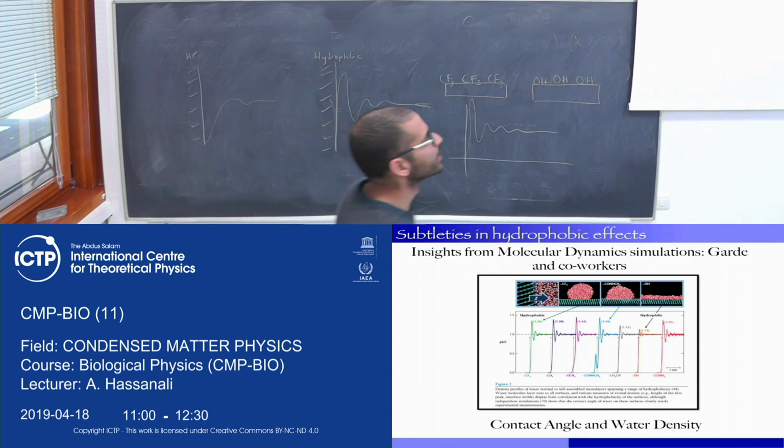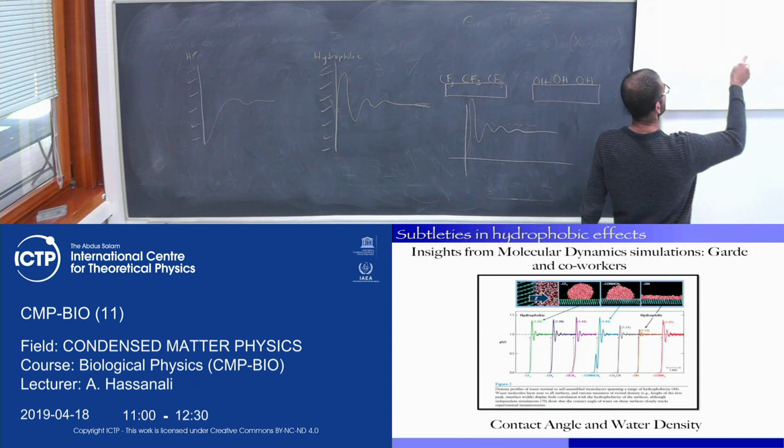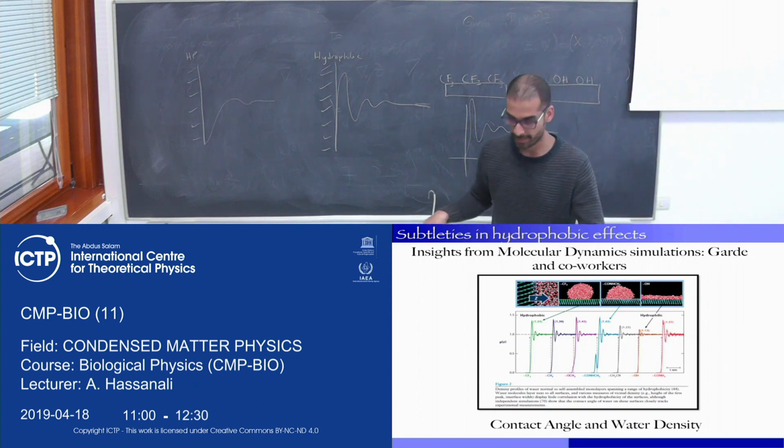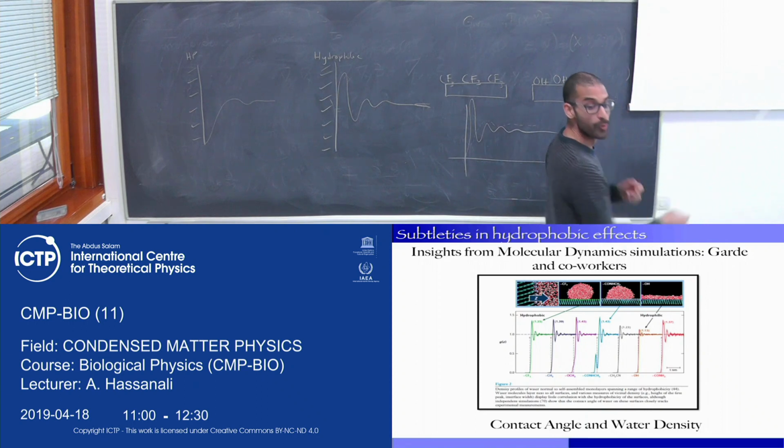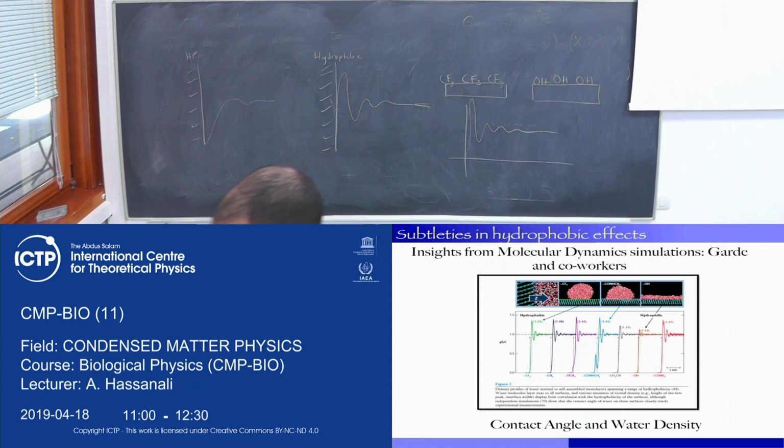You have to imagine this is really a droplet which is so large that you really have a bulk-like density, which is why it goes to 1 eventually, over some length scale. But what this is telling you is that the density itself is a bad measure of wettability. This sort of contradicts what I said 3 slides ago. Well, why am I contradicting myself? Oh, because I like to.